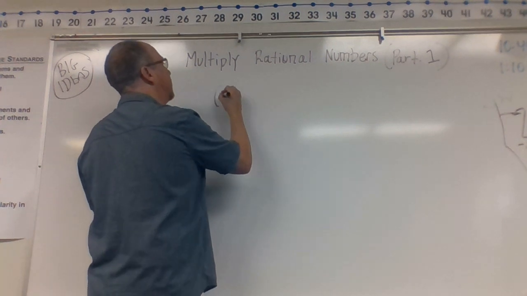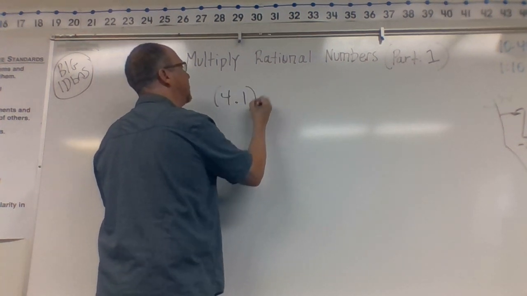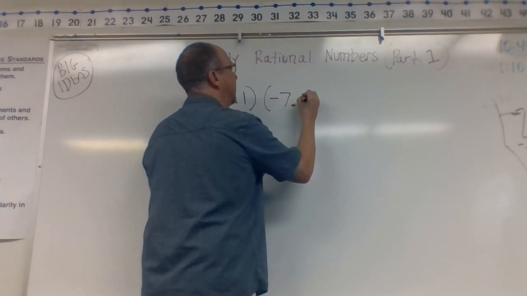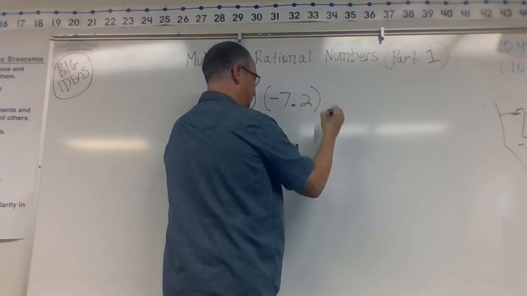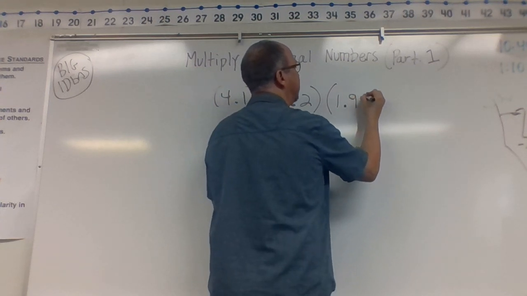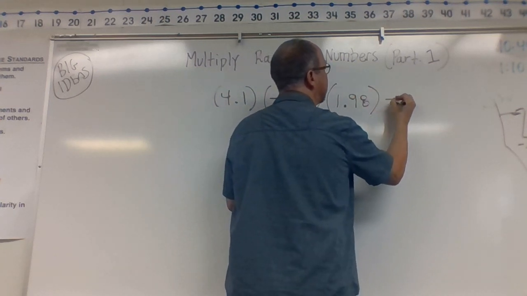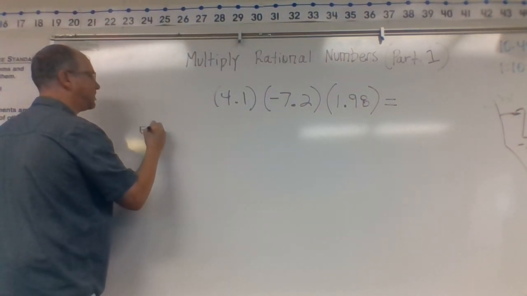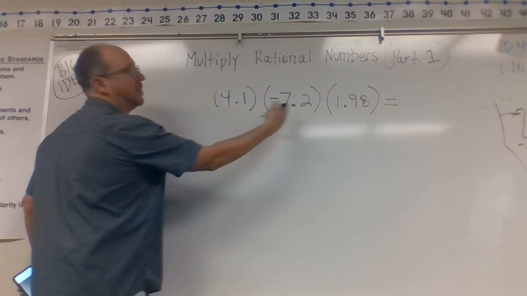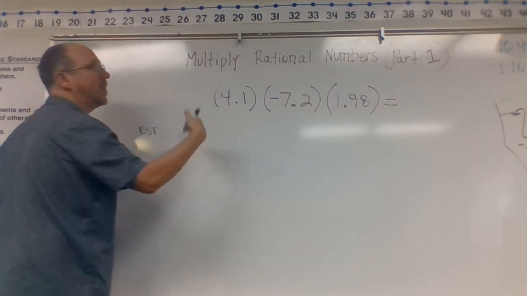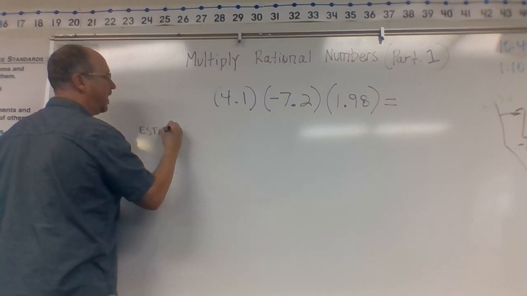We're going to multiply 4 and a tenth times a negative 7 and 2/10 times 1 and 98 hundredths. Okay?